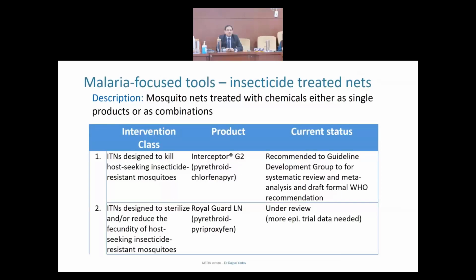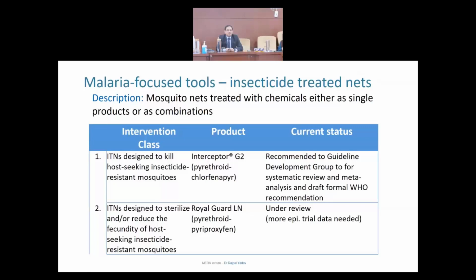Now, I will come back to the new tools that are being developed or evaluated by WHO. In this case, I have just put two products. These are insecticide treated nets with chemicals, with either a single compound or a combination of compounds, and in this case both have two compounds.